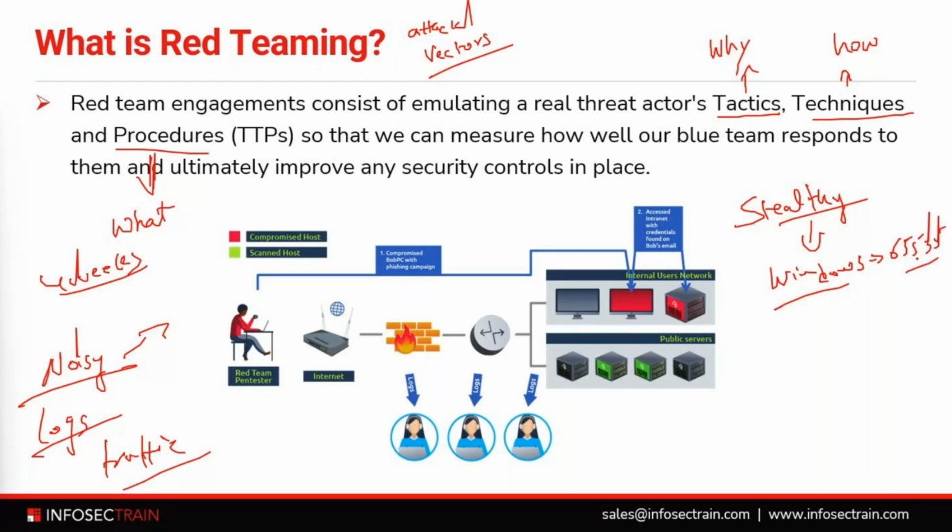I will check some ports, like whether 135, 139, or 445 are up and running, because these are the ports which can be vulnerable, from where I can get inside the system. So that is a red team assessment, where you have to generate less traffic and go further, find out more vulnerabilities, and stay inside the system for a longer period of time.